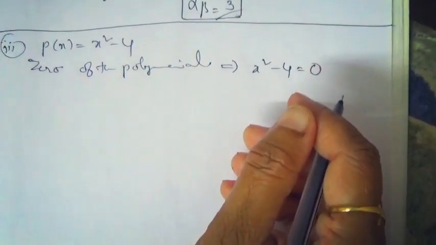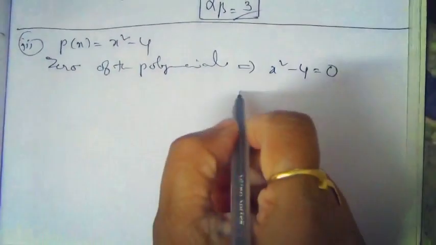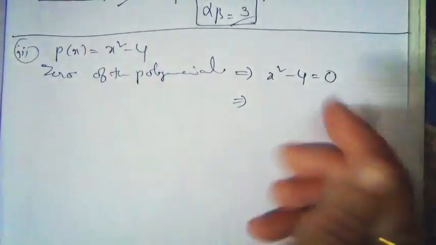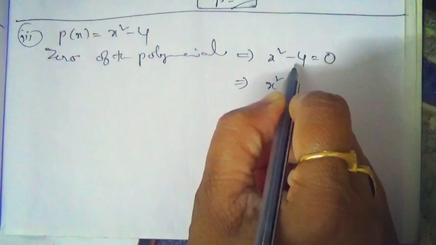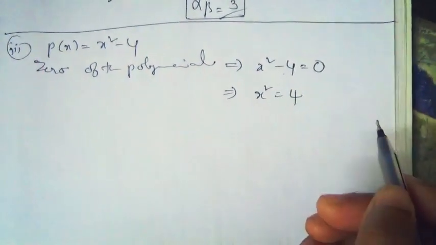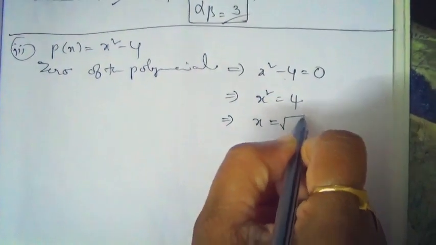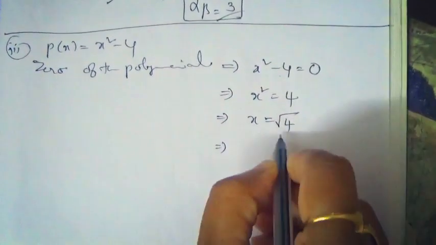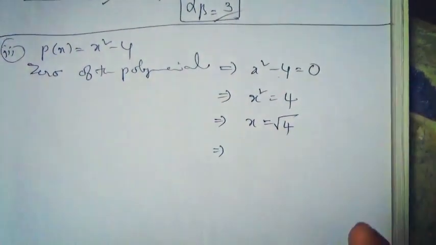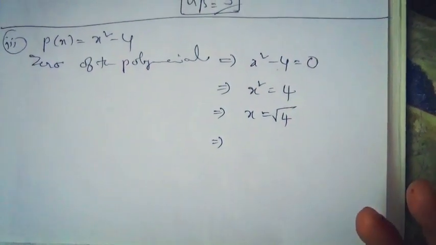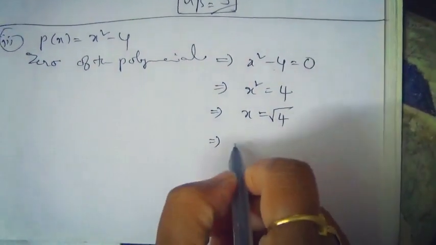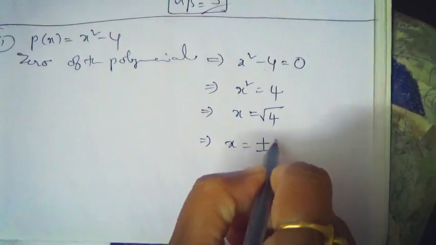Because there is no x term here, so directly we can solve this sum. That is x square is equal to 4. So x is equal to the square root of 4. Already I said to you, when you take a number out of the square root, you will get the positive and the negative values. So x is equal to plus or minus 2.